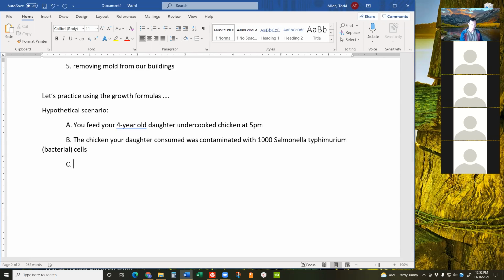Okay. We know from the medical literature that this species of bacterium is capable of reproducing once every 25 minutes in human blood. Okay.